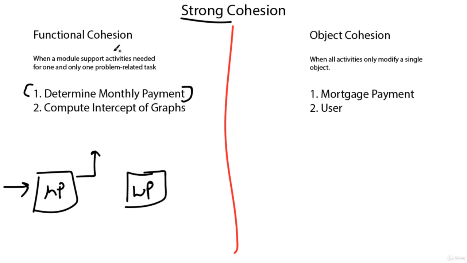So with functional cohesion, all we're trying to do is get modules that are very specific in their tasks, and the functions within the module should do the same. We don't need a function in the module that does everything. A lot of times they'll have an init function, and we don't want that init function to literally do everything within the module. We want some other functions in there.